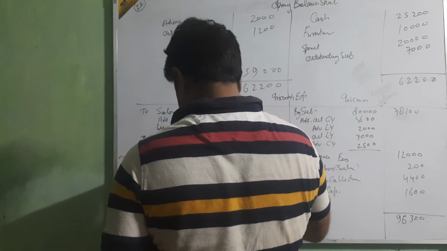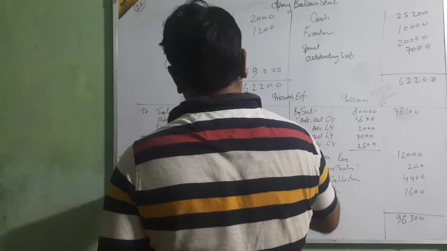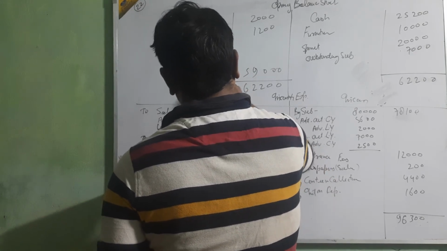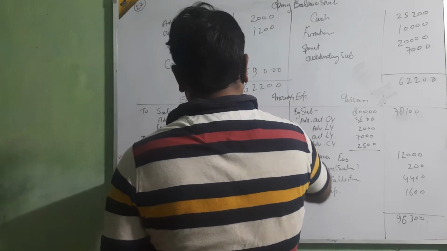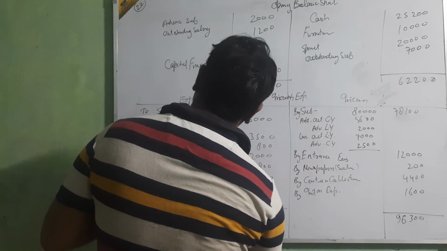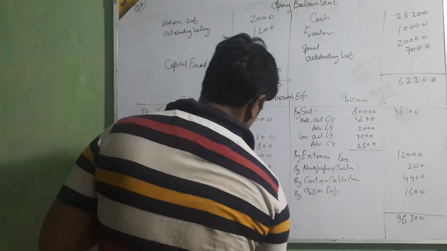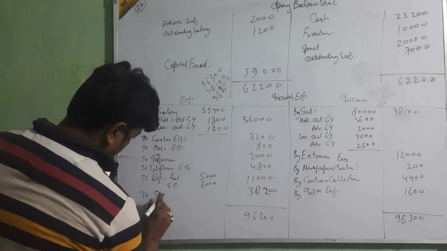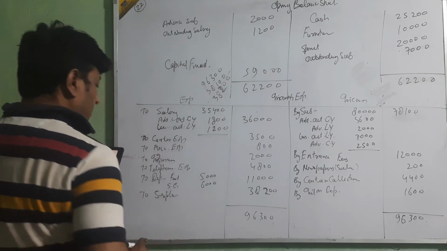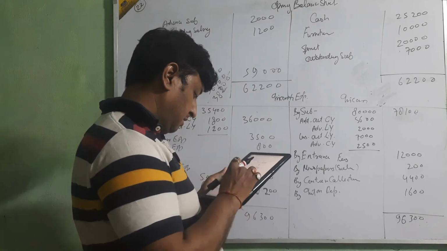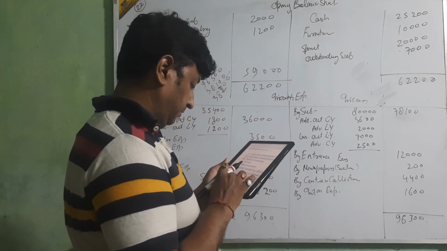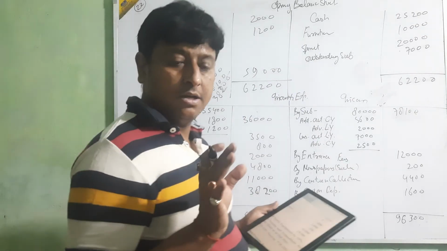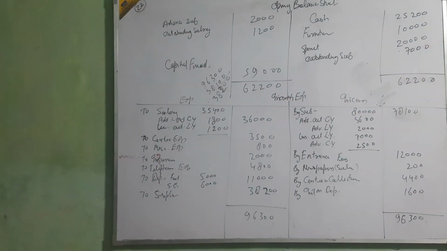Two, 8, 3. It came 38,200, surplus. Okay, beta. Now it came. Clear? How to make this or not? Clear or not, beta?